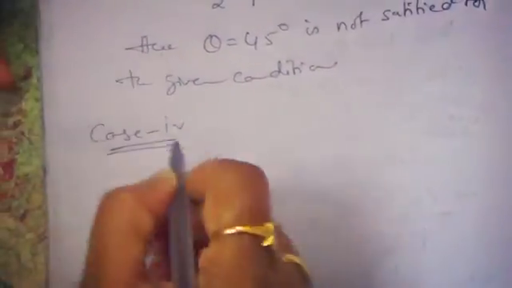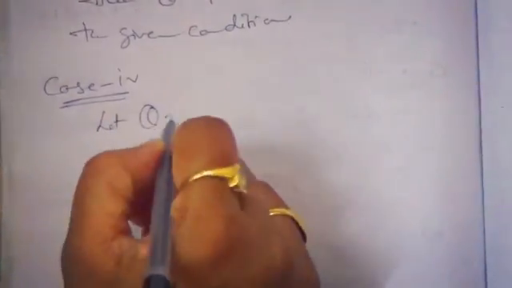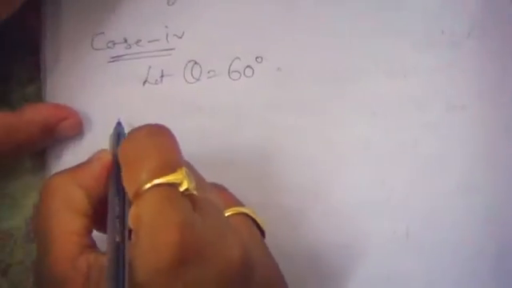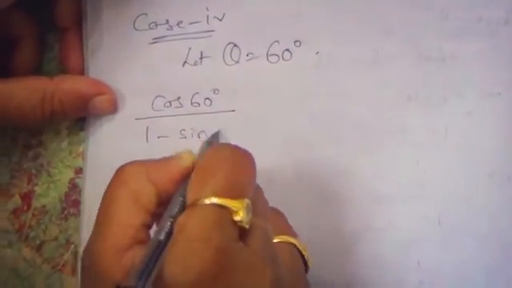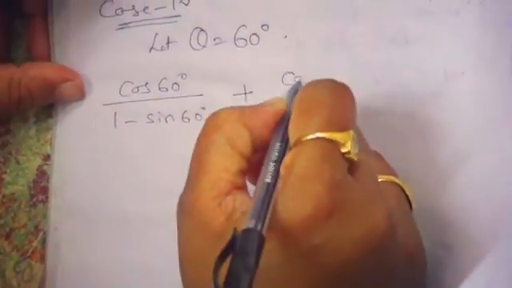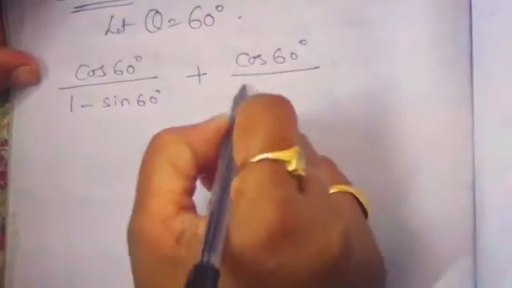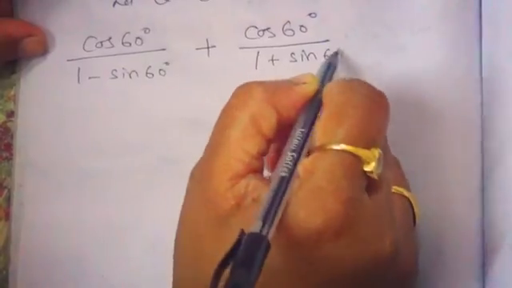Let us check case 4. Let theta be equal to 60 degrees now. Cos 60 degrees by 1 minus sin 60 degrees plus cos 60 degrees by 1 plus sin 60 degrees.